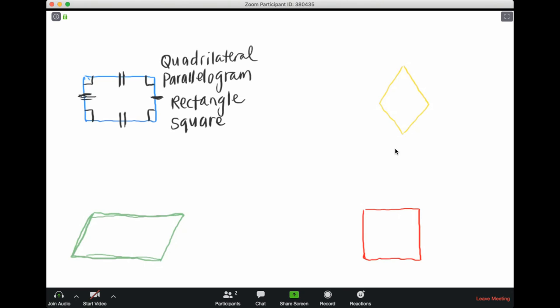Now let's look at this diamond shape over here. It has 4 sides, so it's a quadrilateral. Its opposite sides are equal and parallel, so it's a parallelogram.